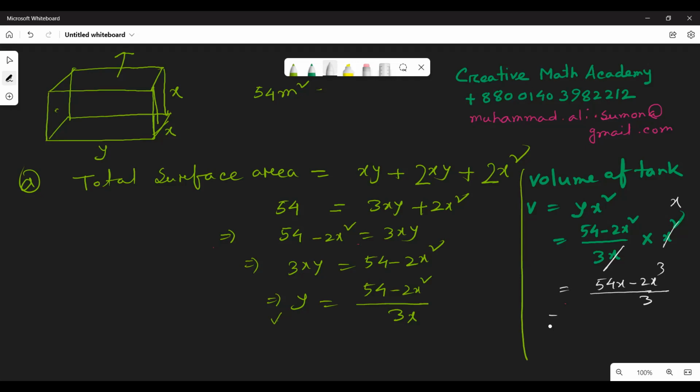If we split it, it will be 54 by 3x minus 2x cubed by 3. So finally we get V equals 54 divided by 3, which is 18, so 18x minus 2 by 3x cubed. So our first part is completed.